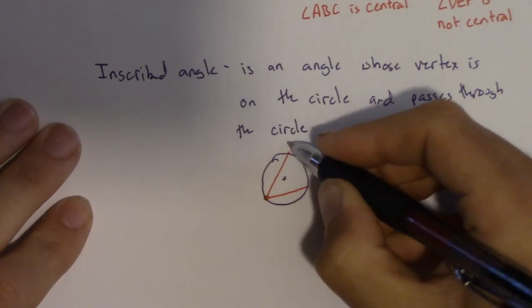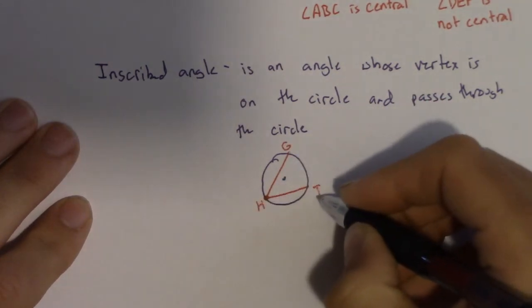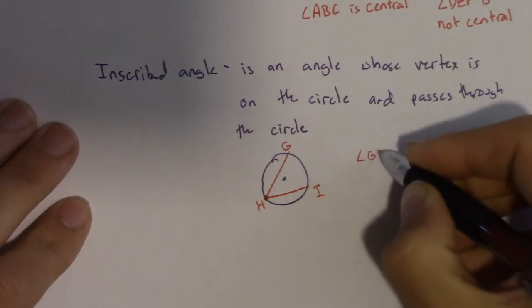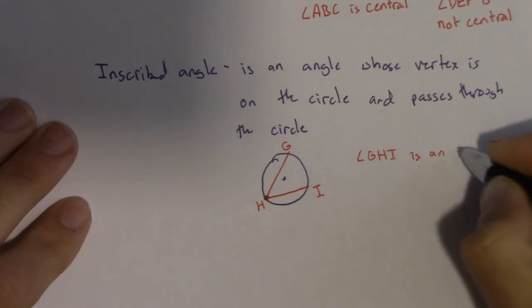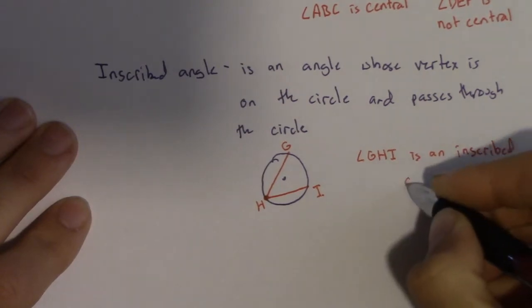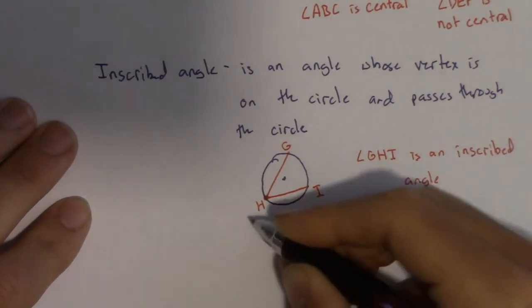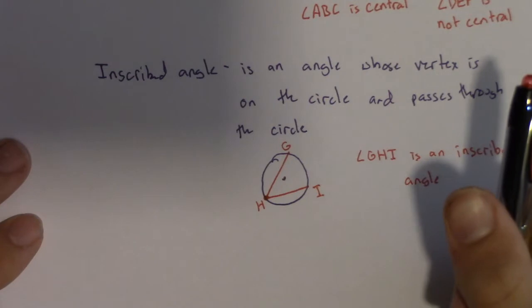So right here, I could call this GHI, and I would say that angle GHI is an inscribed angle. The vertex is on the circle, and the sides or the rays extend through the edge of the circle.